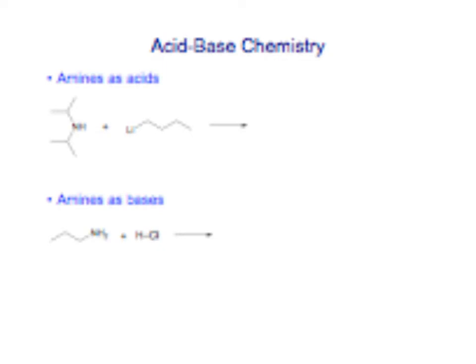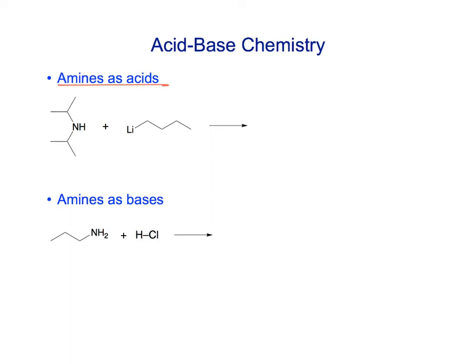But we've seen before that amines, in fact, can act as either acids or as bases. All right? So recently, we saw an example of amine as an acid, and we did the reaction between diisopropylamine and butyl lithium. Okay, so what did we get out of this reaction?